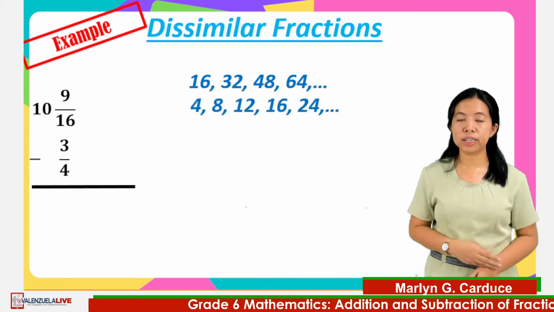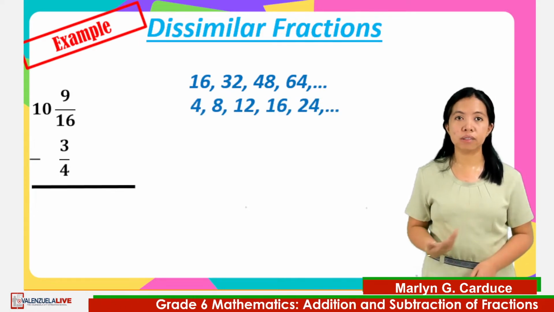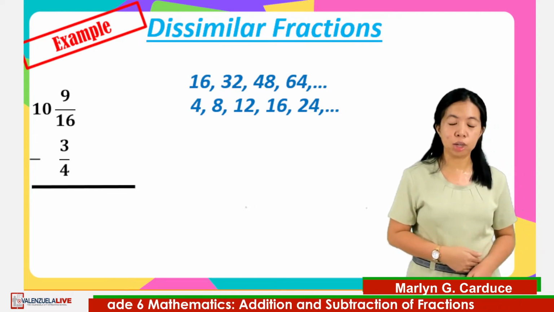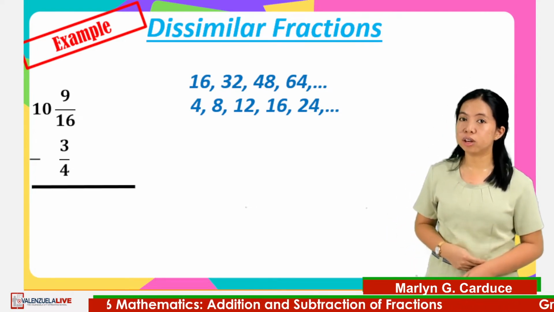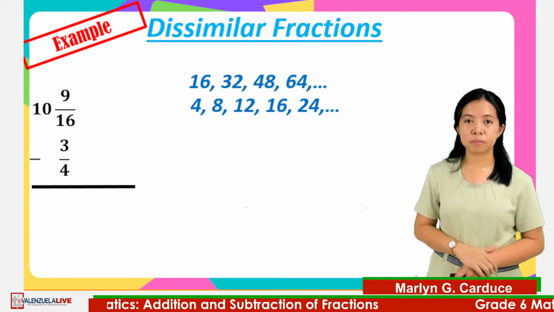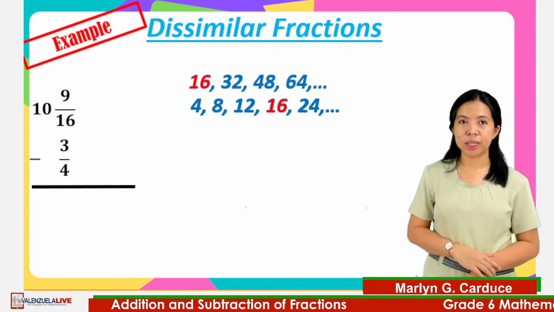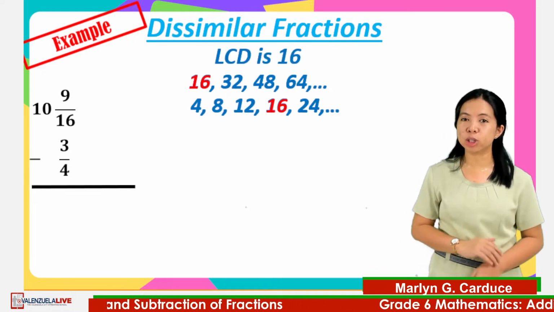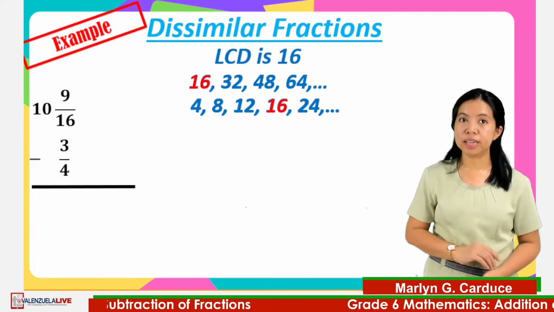And for 4, the multiples of 4 are 4, 8, 12, 16, 20, and so on. So what do you think is the least common multiple of the two numbers? Very good. It's 16. So our least common denominator is 16.